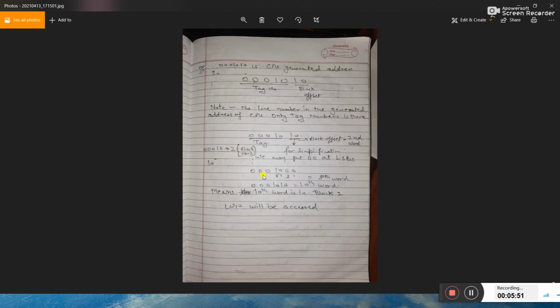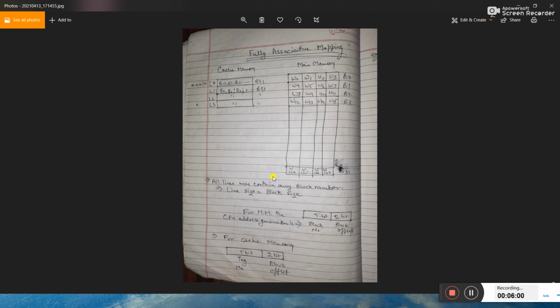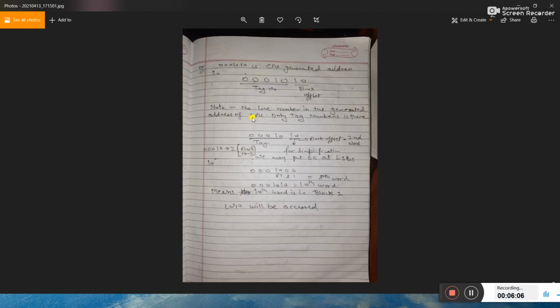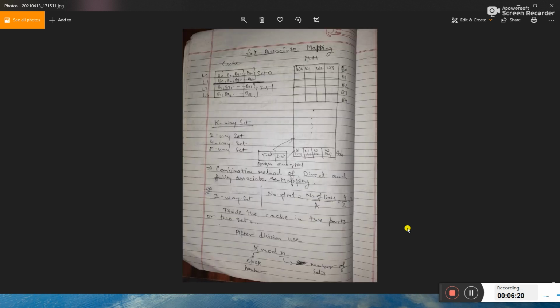Similarly, if it is 00010, 00, then the 8th word is needed, and it is accessed from line 0. That's how it works. So it is all about fully associative mapping. In my next lecture, I will discuss set associative mapping. Thank you.